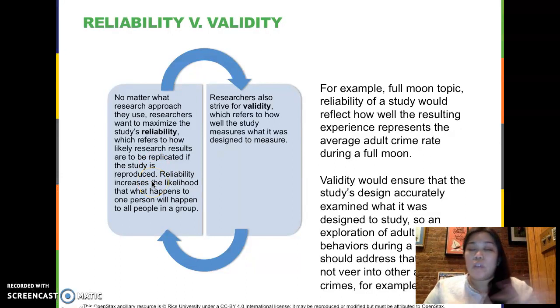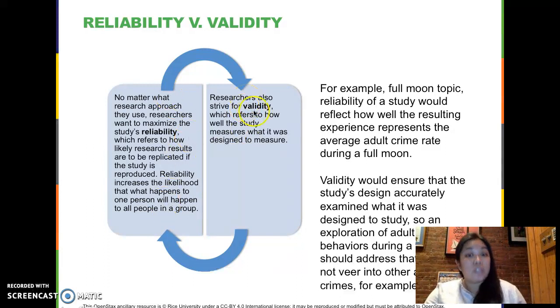So if it works here in Cincinnati, does it also work in Columbus, Ohio? If it works here in the neighborhood of Brownsville, does it also work in the neighborhood of the Upper East Side? Reliability increases the likelihood that what happens to one person will happen to all people in a group.